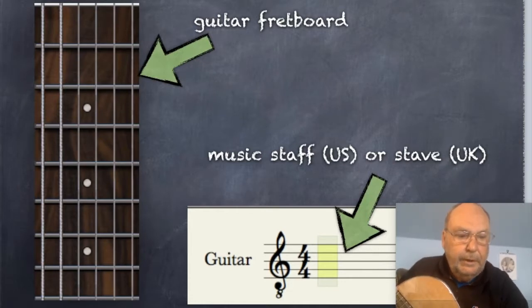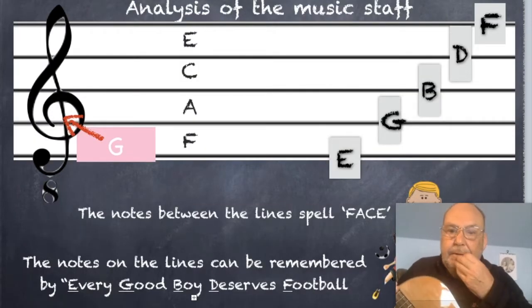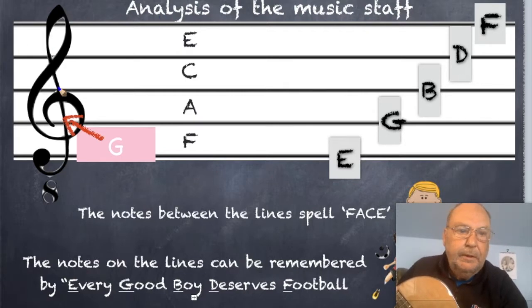So first we find the notes that are on the music staff itself. Here we can see over this side, this symbol here, which is called a treble clef.